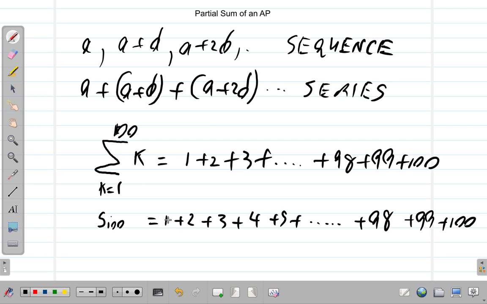You have the terms in ascending order. Suppose you have this listed again, but you reverse it. So you have S100 is equal to 100 plus 99 plus 98 plus 97, and it goes right down.